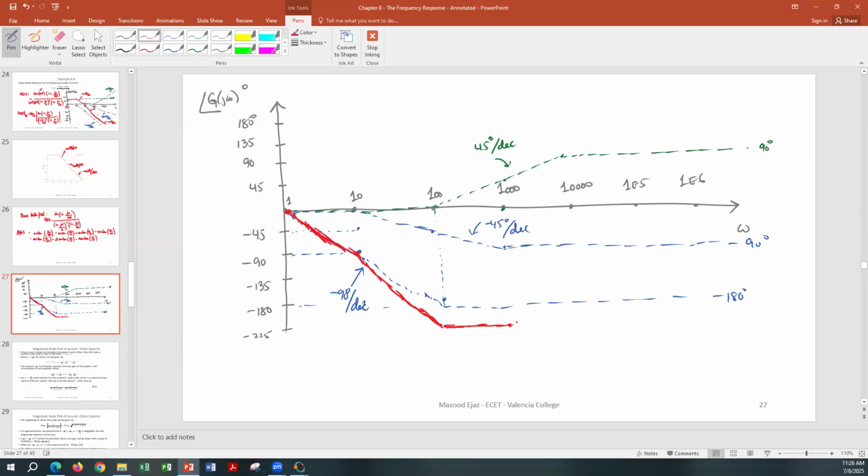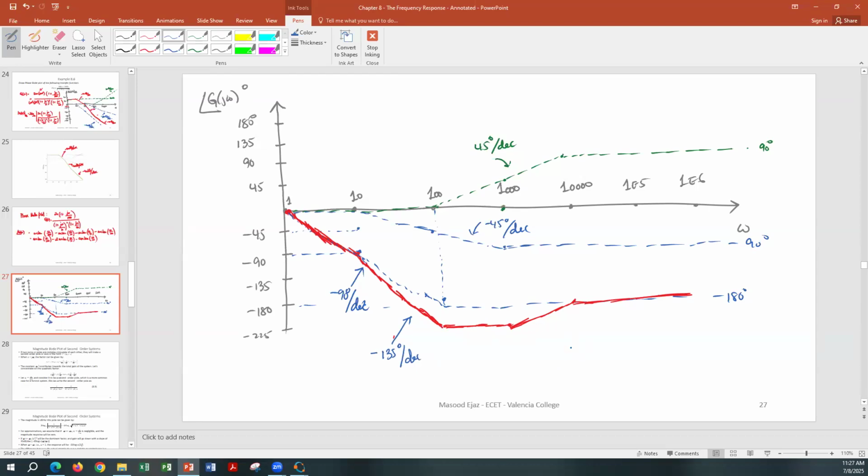At 10,000, it's going to go back to that, right? Yeah, over here, 10,000. So let's see at 10,000. That's negative 90 degrees. This is negative 135 degrees per decade.